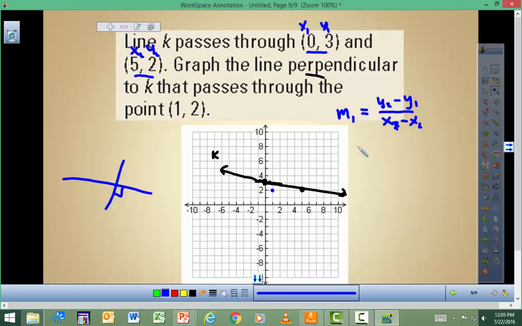If I take this Y coordinate and subtract that Y coordinate, I end up with 2 minus 3. Now if I take this X coordinate and subtract that one, I get 5 minus 0. Now I just need to simplify this. This is going to be negative 1 over 5. Okay, so there's slope number 1.